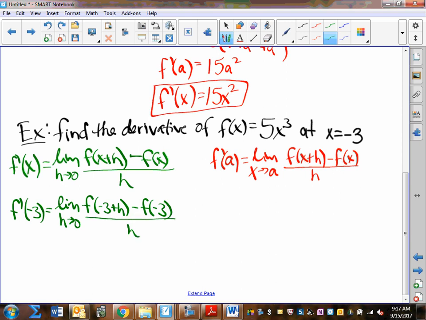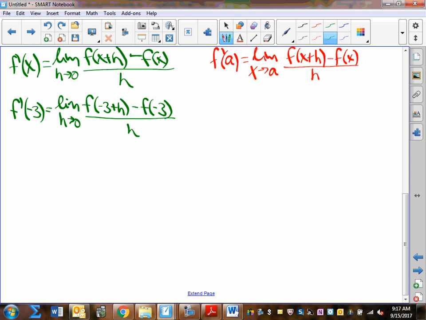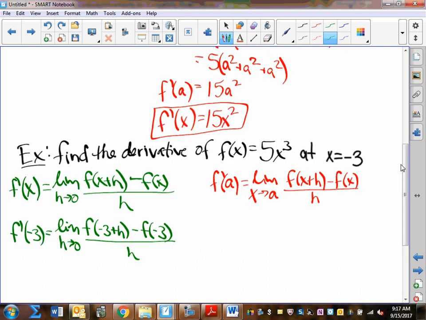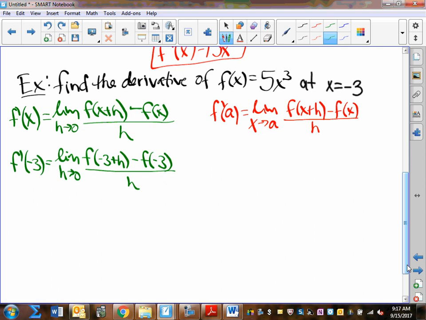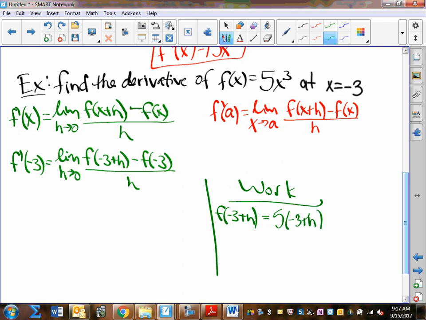You could do work, draw your line, and identify what is f of -3 plus h. You can take that and substitute it in: 5 times -3 plus h cubed, so on and so forth. But again, you can just substitute straight in.